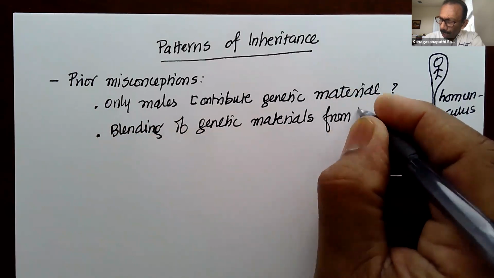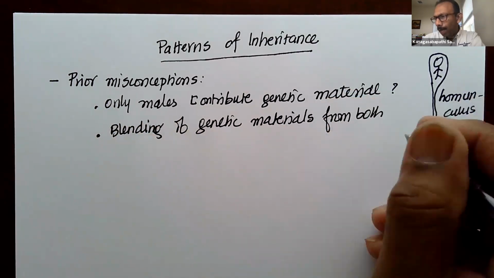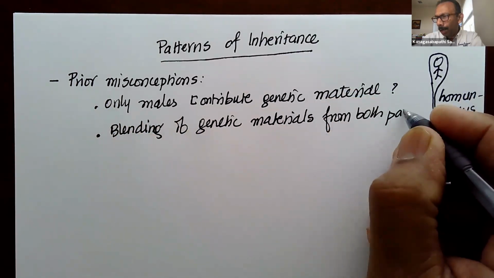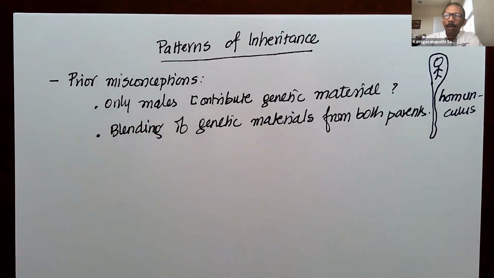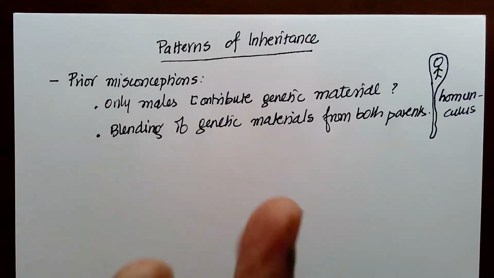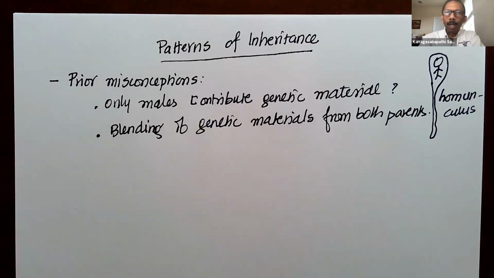You need to understand blending means mixing together to create a combination of both. Like you mix a red paint and a white paint, you get a pink paint. So you cannot separate the red from the pink after you mix it. So that's another misconception.